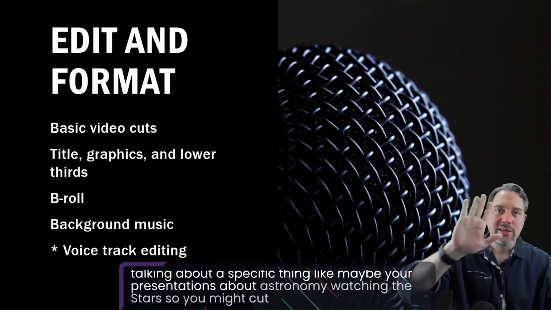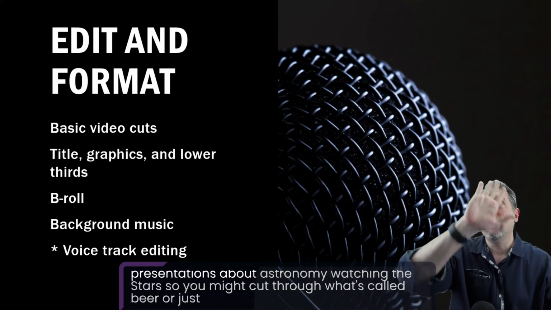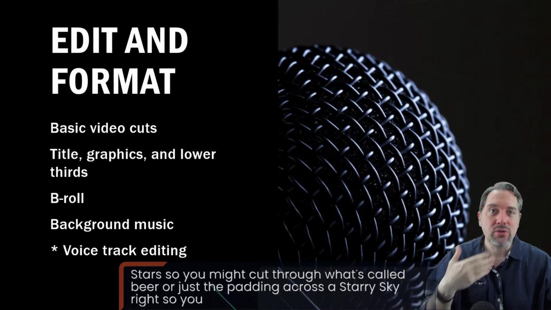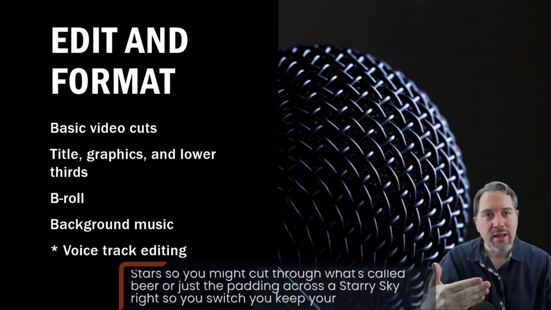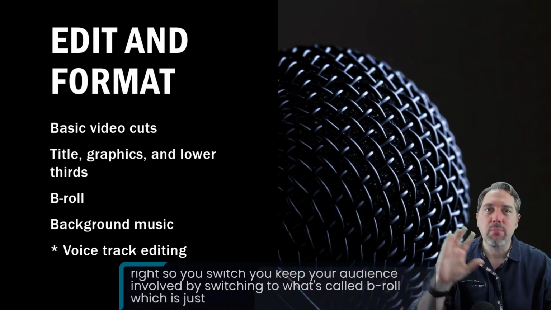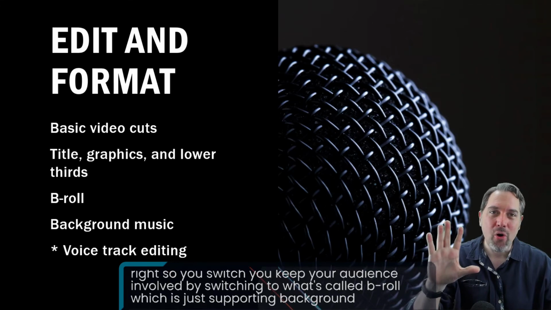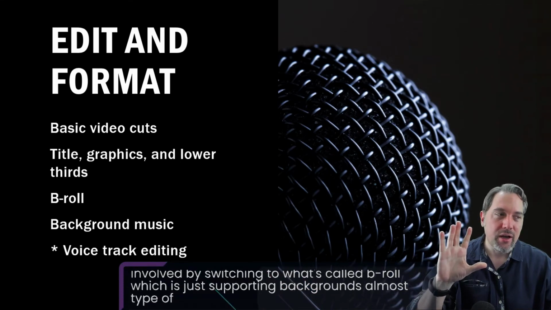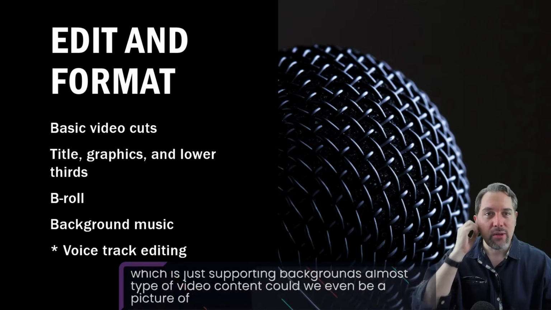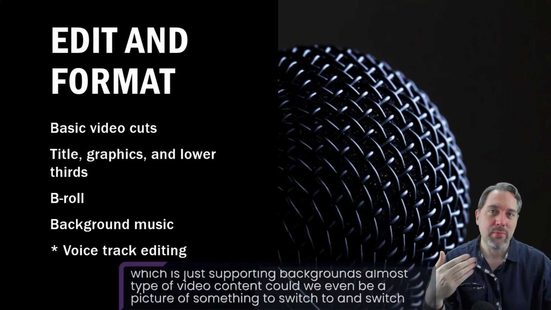So you might cut to what's called B-roll of just the panning across a starry sky, right? So you keep your audience involved by switching to what's called B-roll, which is just supporting background type of video content, could even be a picture of something to switch to and switch back to.